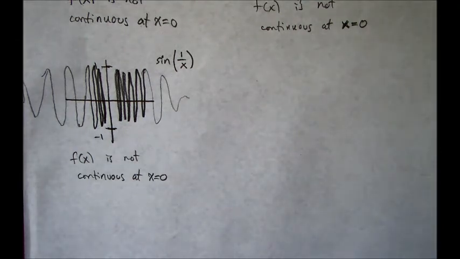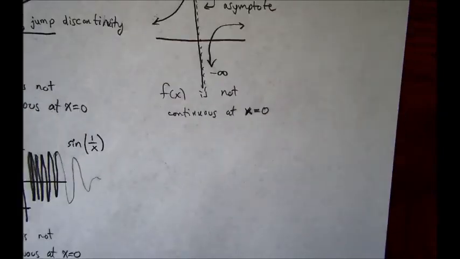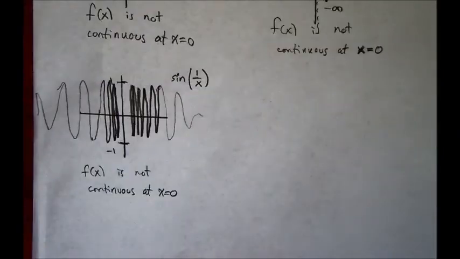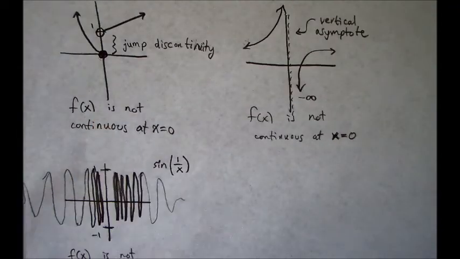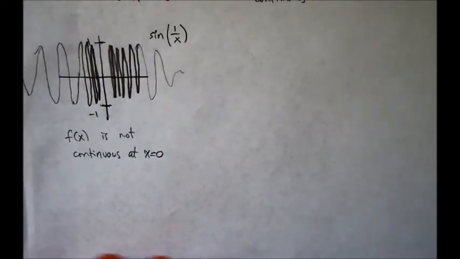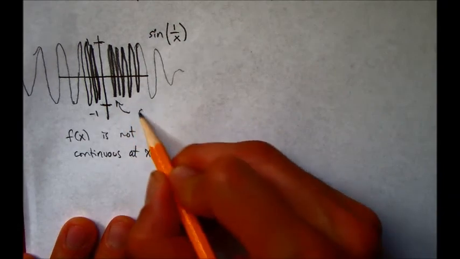So this is considered an oscillating discontinuity. It's really impossible to imagine what happens in the middle. But it's not the same idea as this one at all. And it's not the same as this one. It's its own thing. So we call this an oscillating discontinuity.